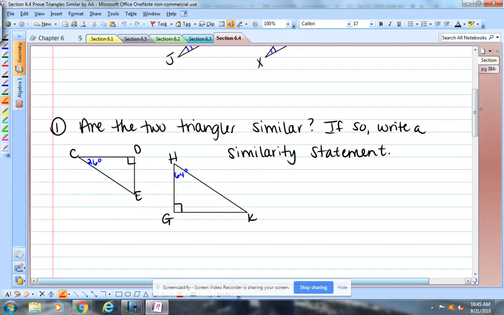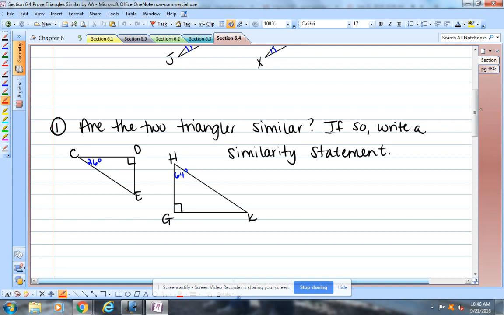All right. Are these two triangles similar to each other? If so, write a similarity statement. So, what kind of triangles are these?